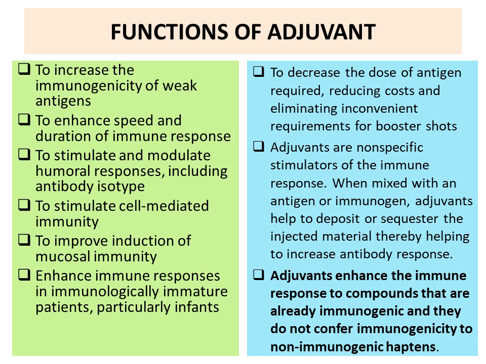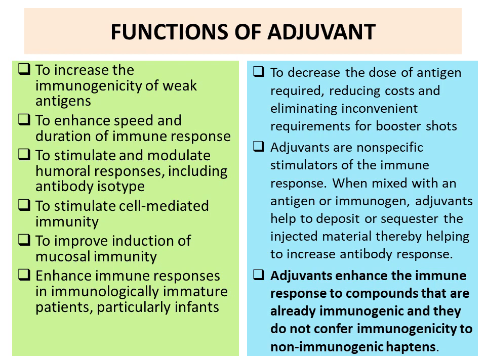So adjuvants are non-specific stimulators of the immune responses. When mixed with antigen or immunogen, adjuvant helps to deposit or sequester the injected material, thereby helping to increase the antibody response. Now this is very important.